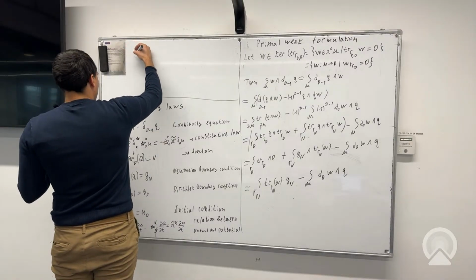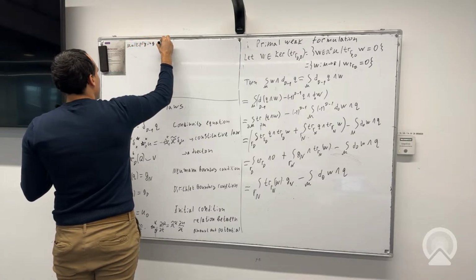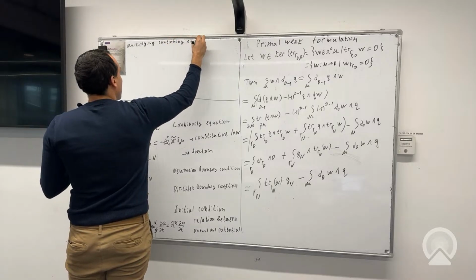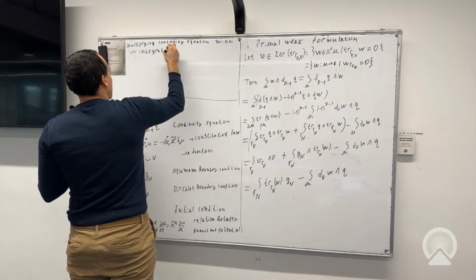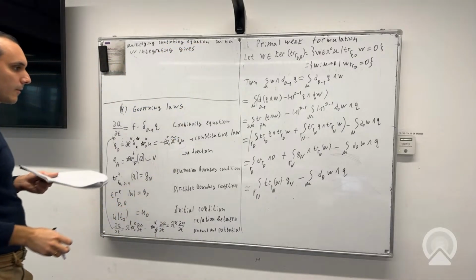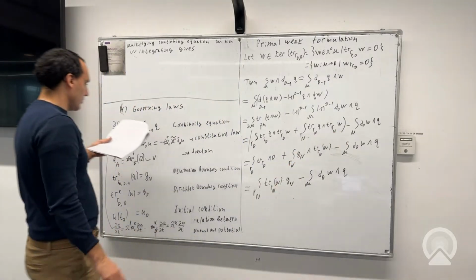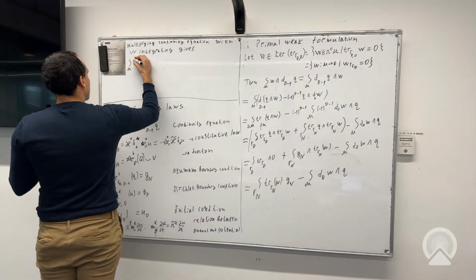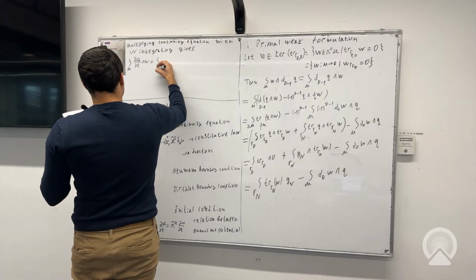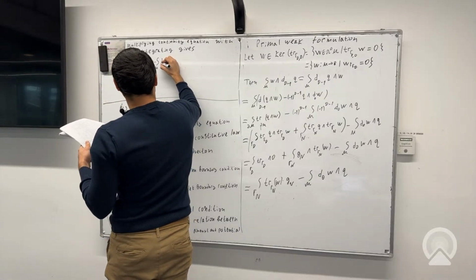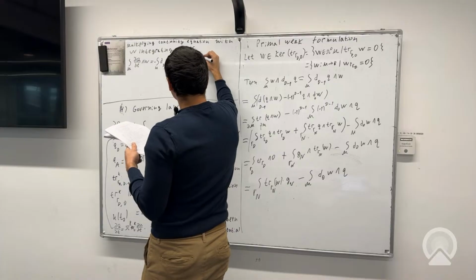Multiplying the continuity equation with w and integrating gives that the integral over M of dq dt wedge w is minus the integral over M of d minus 1 q wedge w plus the integral over M of f with w.